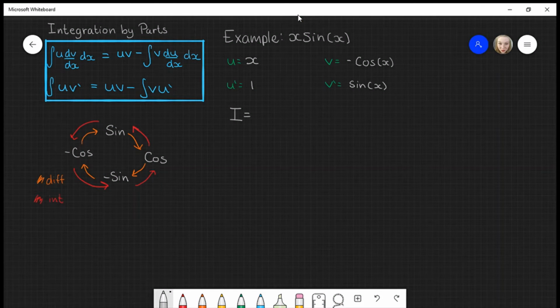Now we've written the variables, let's match them to the formula. So it will become uv, which is x times minus cos x, so minus x cos x, minus the integral of v u dash, which is just the integral of minus cos x.